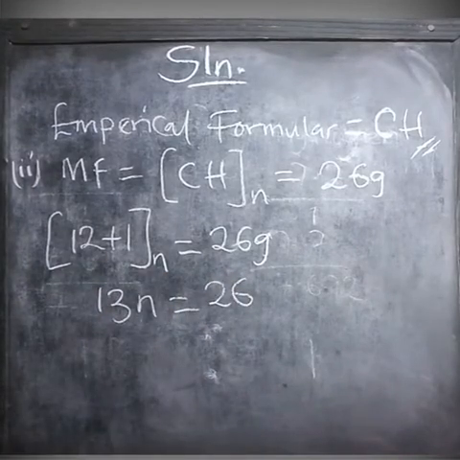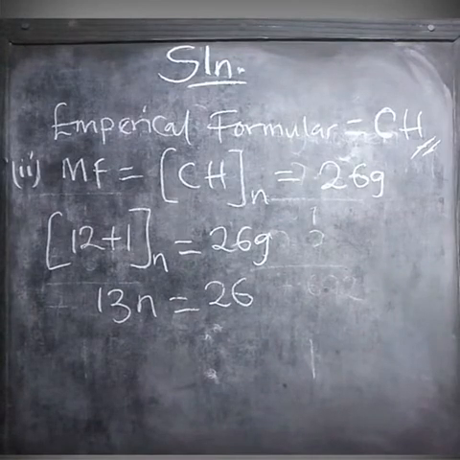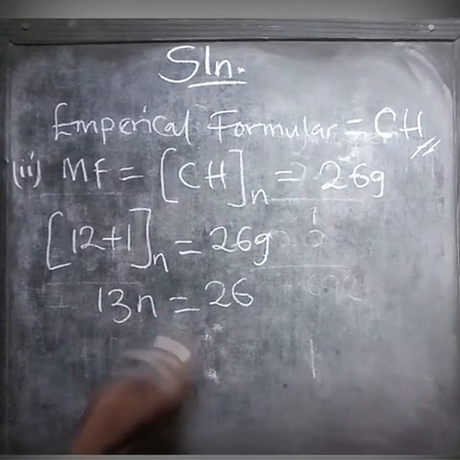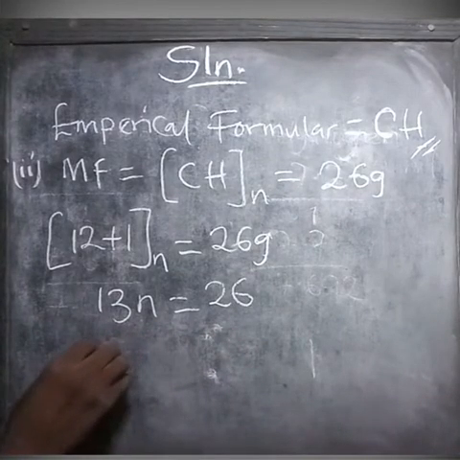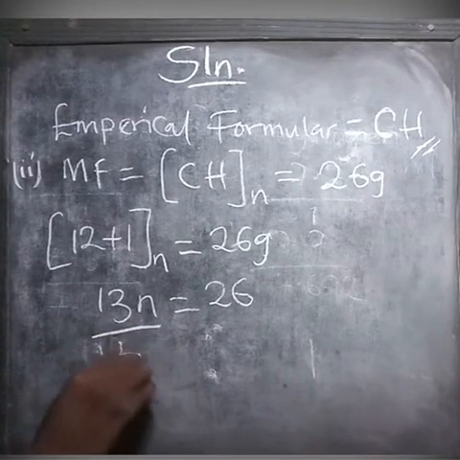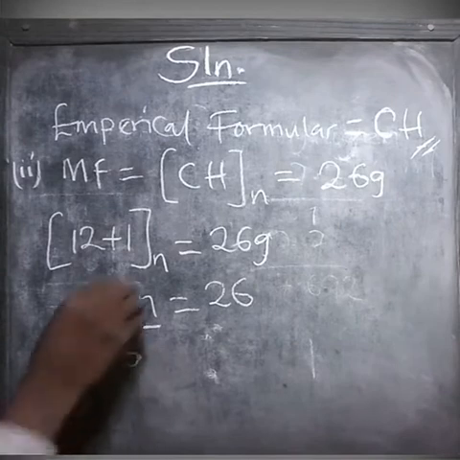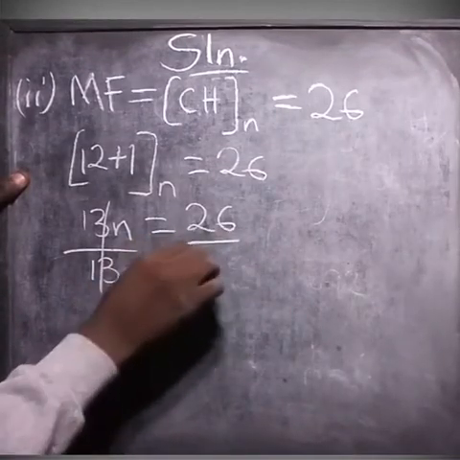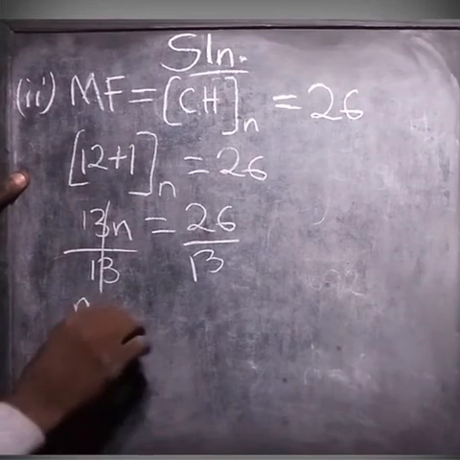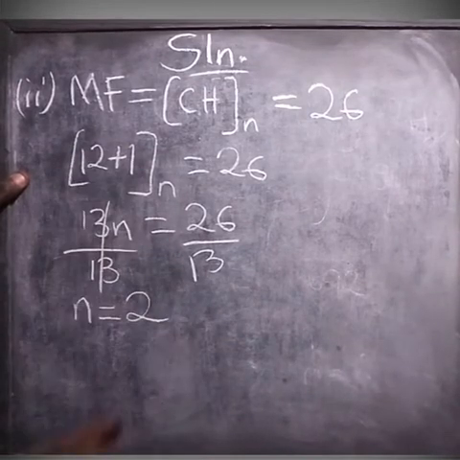So 13n is equal to 26. So you are to divide by the coefficient, this 13. If you divide this, since you are looking for n, this will go. So n is equal to 2.